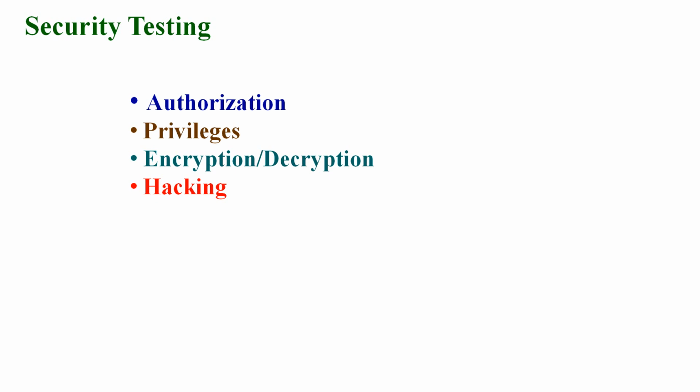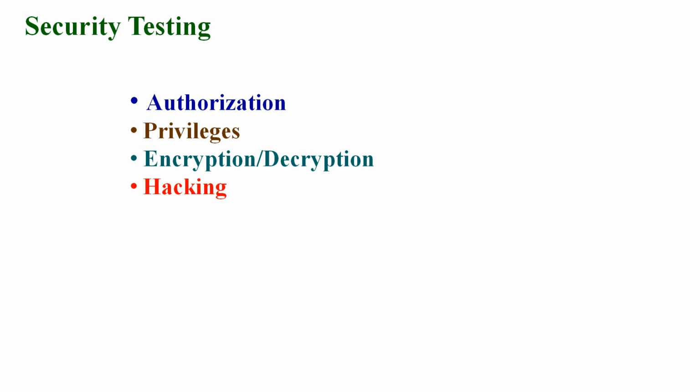That means it is coded. Encryption is nothing but coded data. Decryption means the opposite of encryption. That is decoding. Coding, decoding. So whether all the secured data which you are entering in this application is displayed in the encrypted form or not, that you have to test.